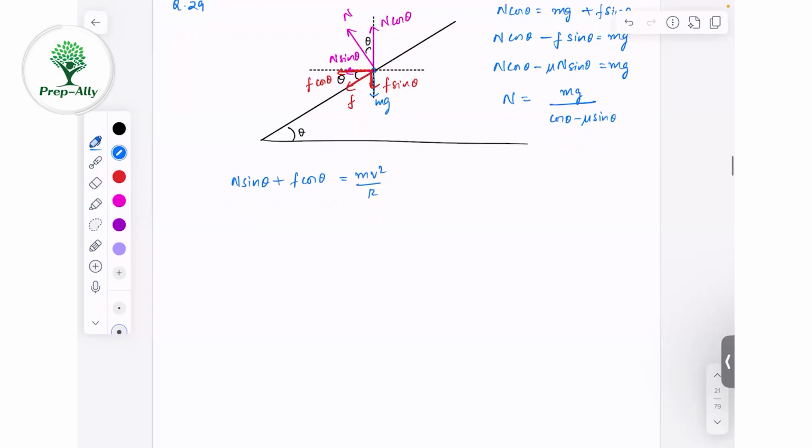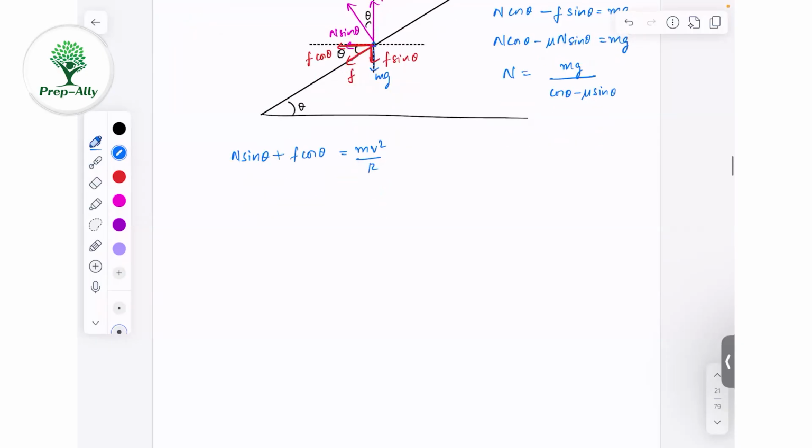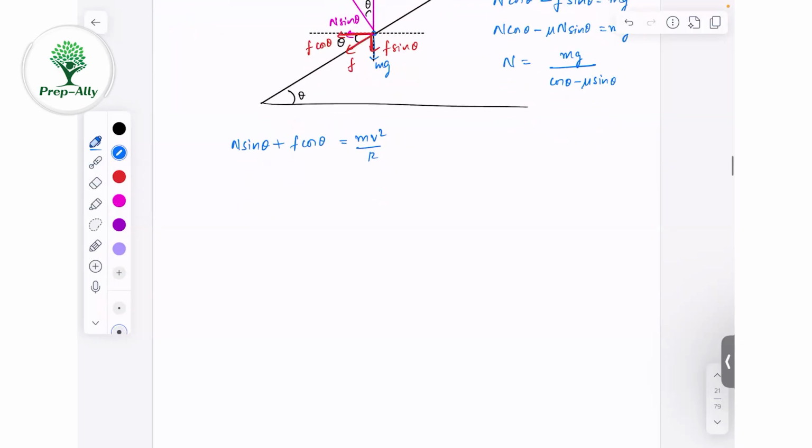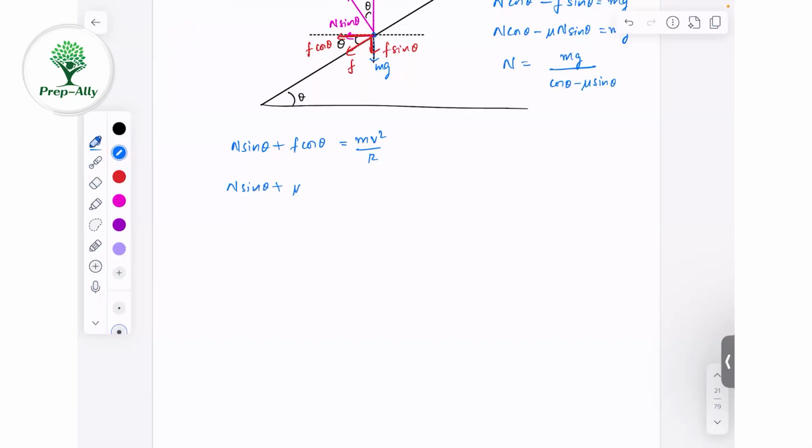Now, if we substitute this equation here, we can write this as mu n cos theta equal to mv square by r, and sin theta plus mu cos theta is mv square by r.